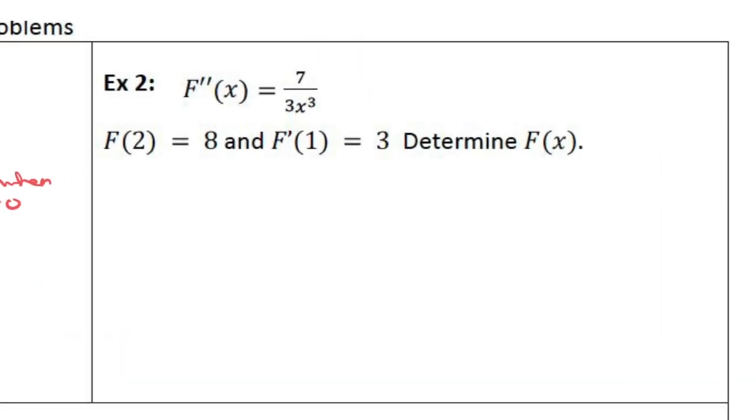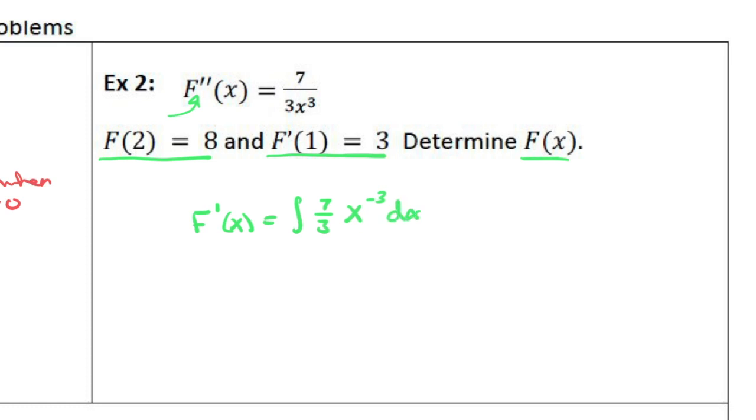Now, for number 2, look at that. Oh my goodness. You weren't given a derivative, you were given the second derivative. All right. So you were also told that f at 2 is 8, f prime at 1 is 3, and you are to find f of x. So if you integrate both sides, you get f prime of x equals the integral of 7/3 x to the -3 dx.